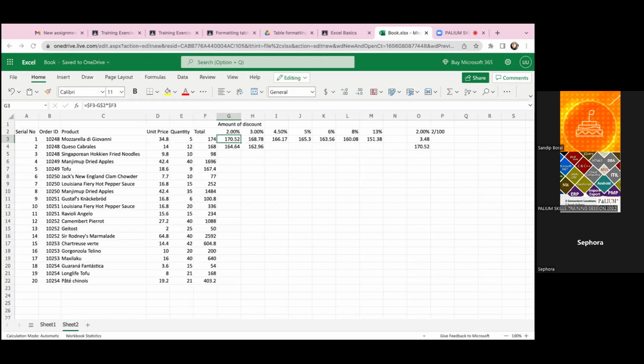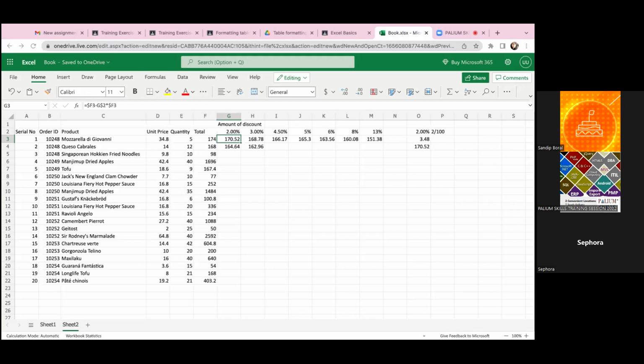No. See, in Excel, you have columns and rows, right? A cell is the intersection of a column and a row. If you put a dollar before G, you are fixing the column G. If you put a dollar before 3, you are fixing the row 3.